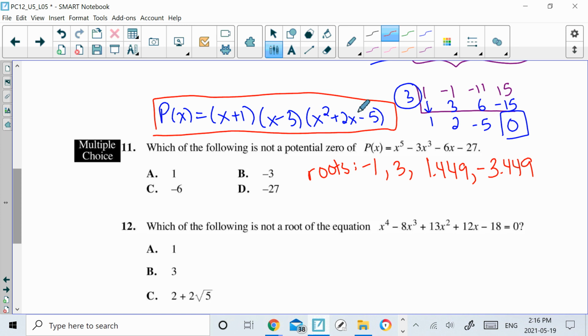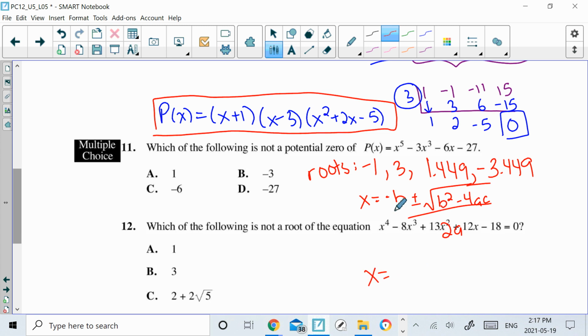If you were given this in 20-1 and you can't factor it, you had to use the quadratic formula. The quadratic formula was x is equal to negative b plus or minus the square root of b squared minus 4ac, all over 2a.